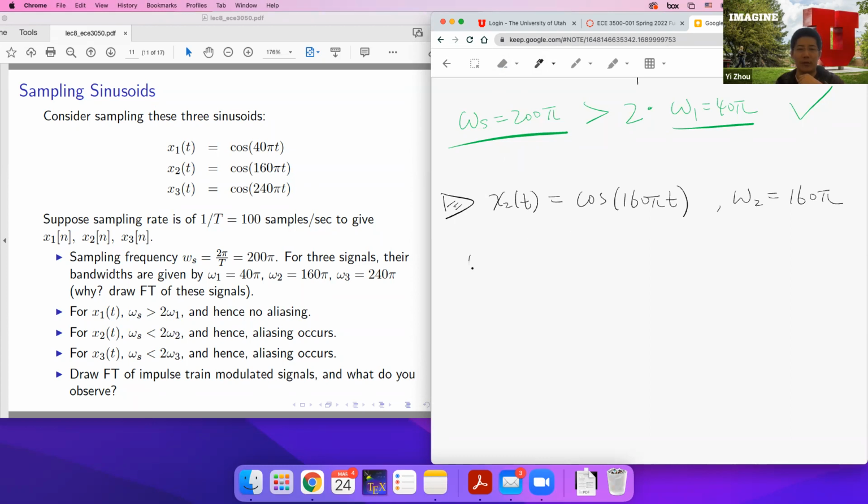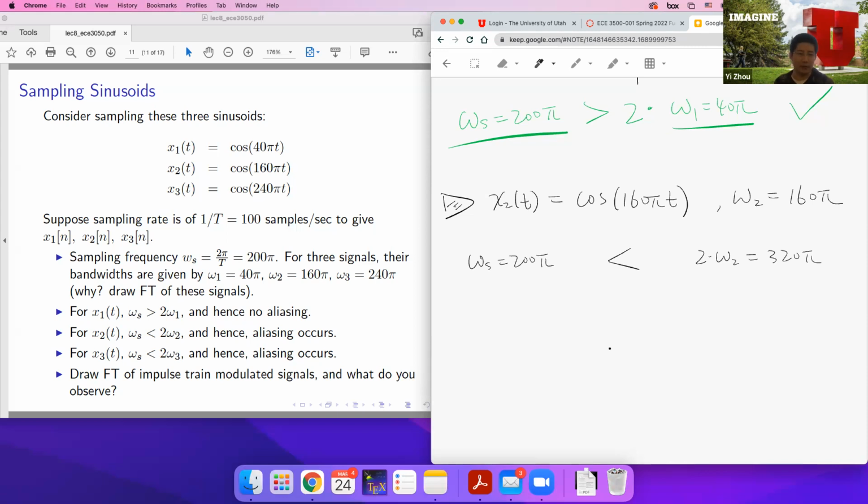The sampling rate is 200 pi, is given, and 2 times omega 2 is 320 pi. And we can see that the sampling rate is less than 2 times the bandwidth, which means this sampling rate is not sufficient for preserving all the information in x2(t).